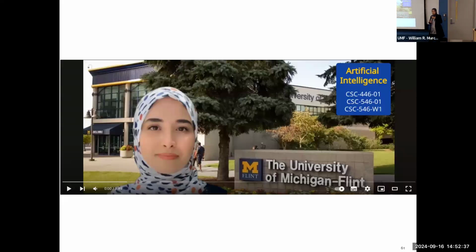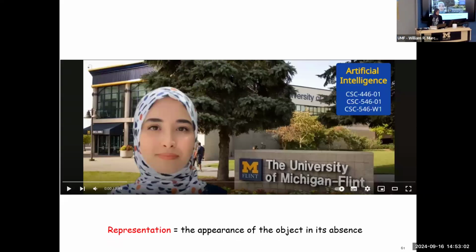So here we are going deeper in AI and we are going deeper in modeling the world. So if any of you will see the picture of someone else and think that that is the person, it's not wrong. It is a representation of that person. And this will take us to the second part of this chapter, which is going to be about knowledge and representations.